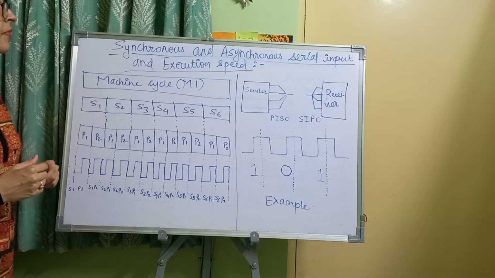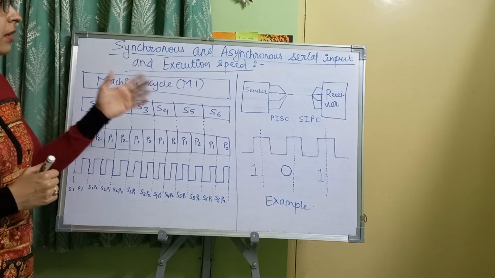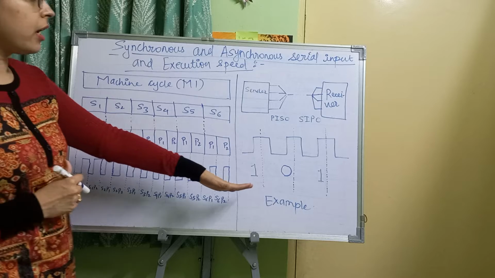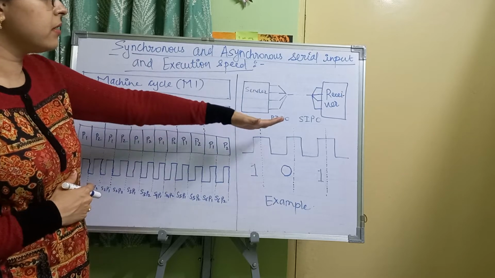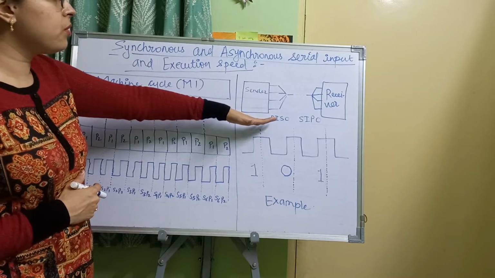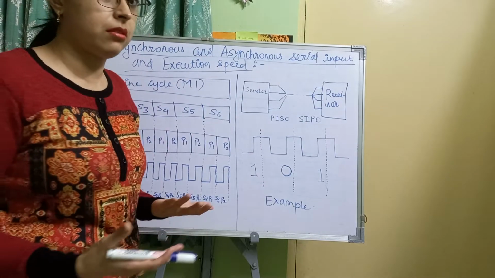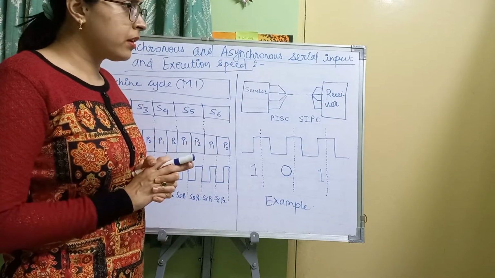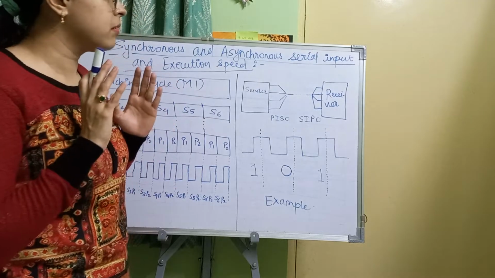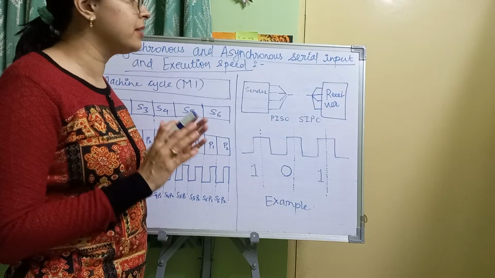Now next, you can see these are the clock pulses. I have drawn the diagram of clock pulses, sender, receiver, parallel in serial out register and serial in parallel out register. What is the role of registers? In synchronous communication, what exactly is happening?